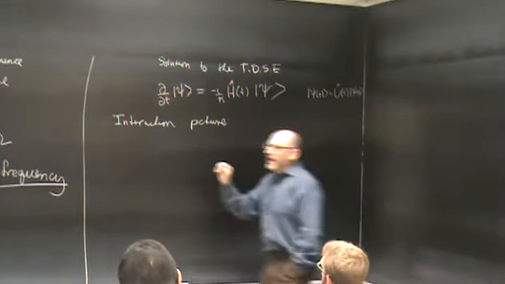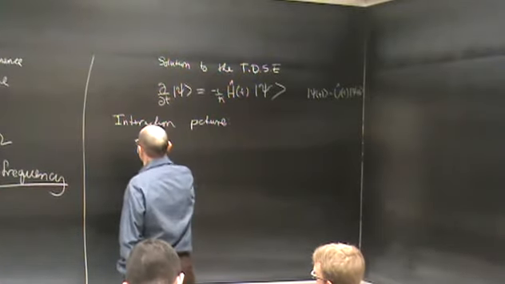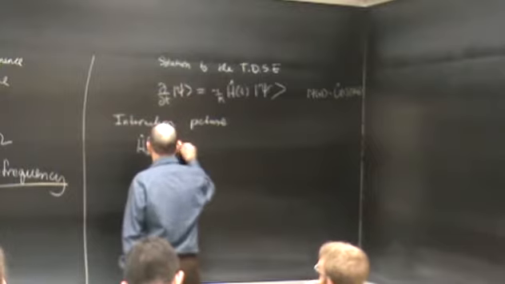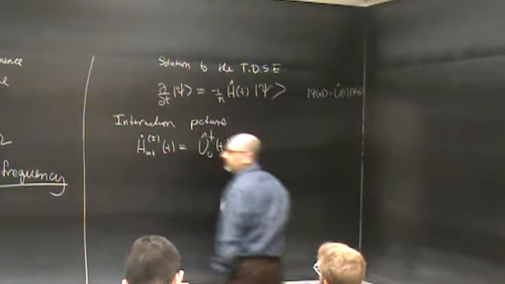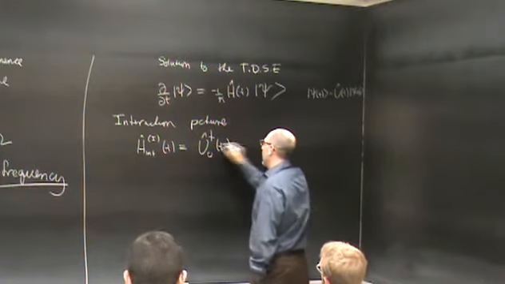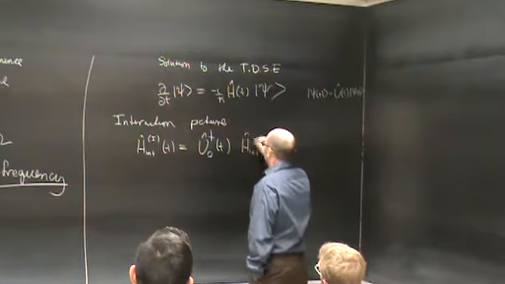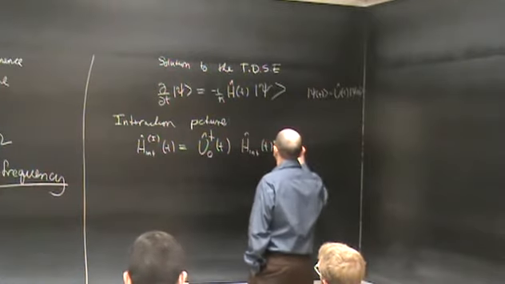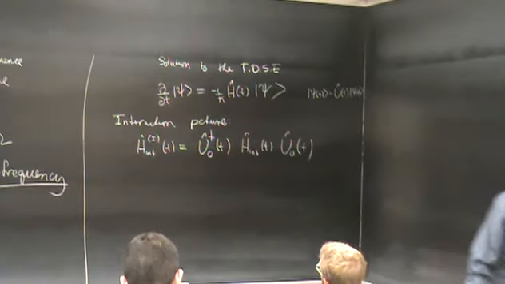Well, the interaction Hamiltonian in the interaction picture is what you get when you take the free precessing spin evolution and put that into the time evolution. Right? That's the interaction picture.